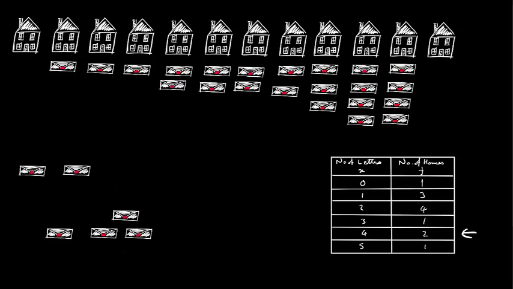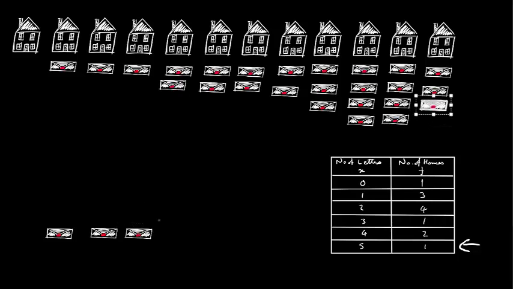And this next row says that this final house receives five letters. So one house receives five letters. So 1, 2, 3, 4, and then finally 5.